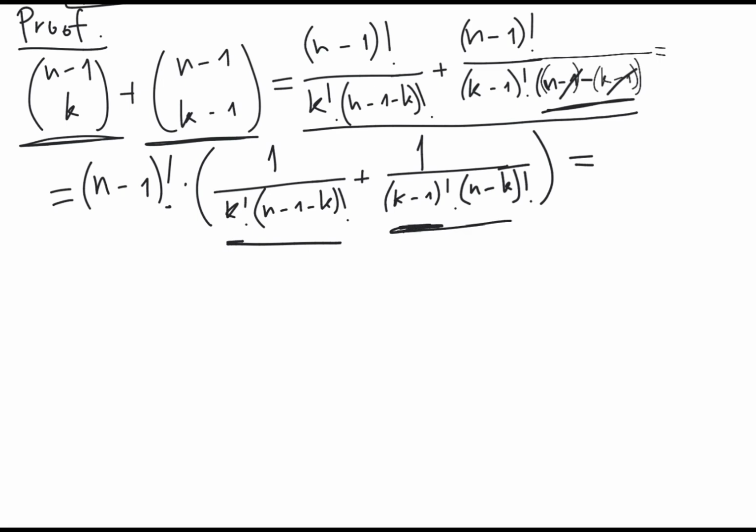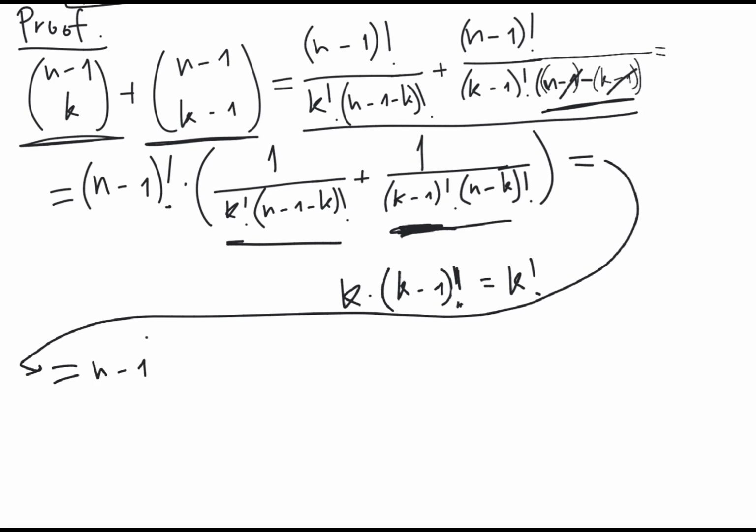So if we multiply both numerator and denominator of the second fraction by k, then we would have the k factorial here as well, right? Because k multiplied by (k minus 1) factorial is equal to k factorial. So from this we can rewrite.